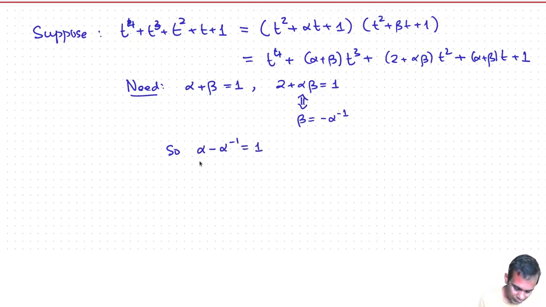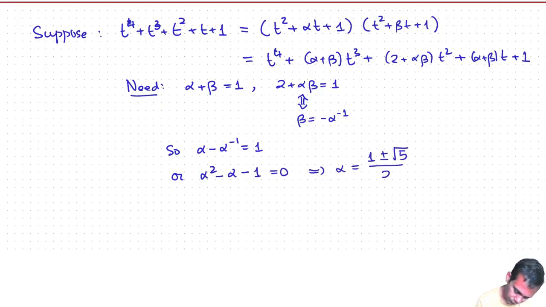Multiplying by alpha and bringing everything to the left hand side, we get alpha squared minus alpha minus 1 is equal to 0. Which means that alpha has to be (1 plus or minus square root 5) over 2. (1 plus square root 5) over 2 is the golden ratio. This is a very, very famous quadratic equation.